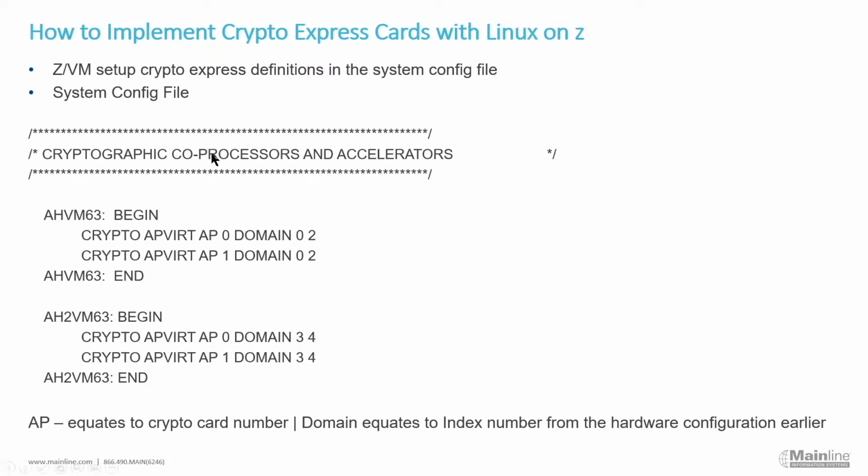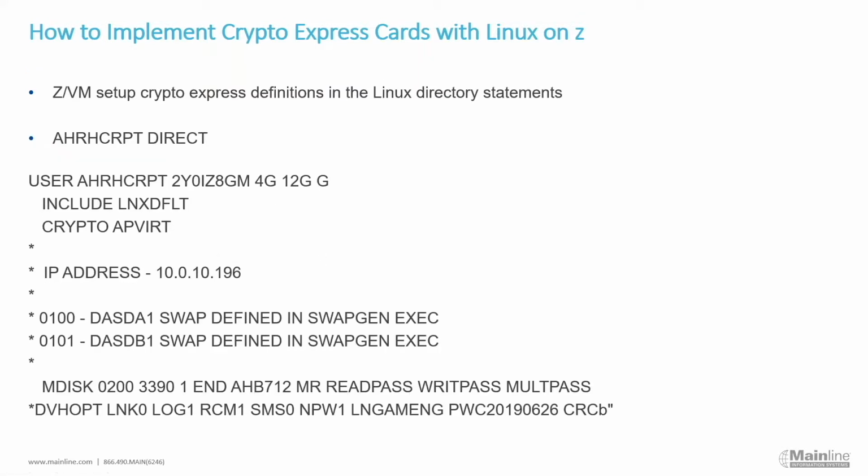So with the AP definitions here, those are the cards themselves, and then the domains or the indexes that I had earlier in the presentation. So fairly straightforward. And as far as the actual definition for the Linux guest itself, it's just the CRYPTO APVIRT definition.